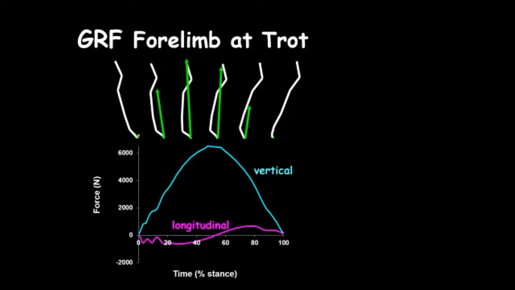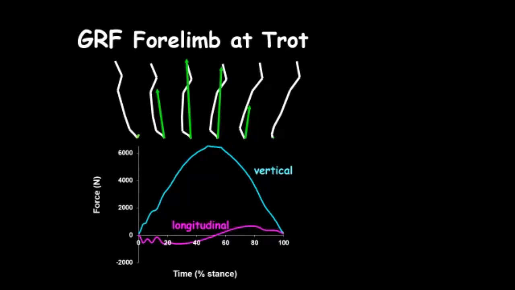Okay, so this sort of puts together the limb orientation, the force vector orientation, and the values of the component parts. So it's the magnitude of the vertical force that really has the biggest influence on the length of the force vectors.